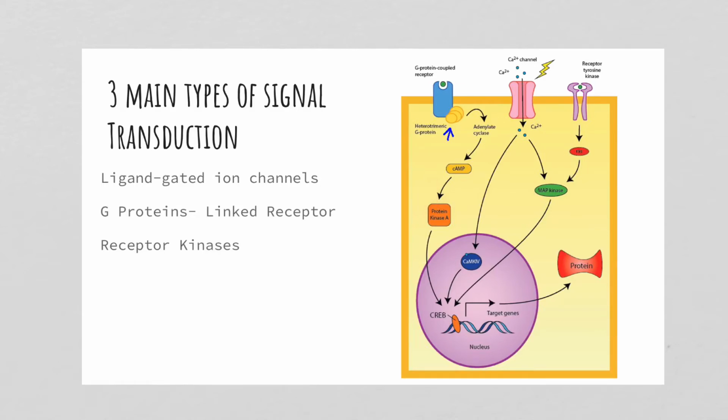Remember, kinases add phosphates. By adding all those phosphates, that's eventually going to activate a molecule that's going to open up the DNA so we can make protein to change what's going on in the cell.